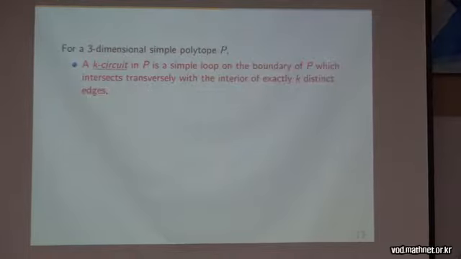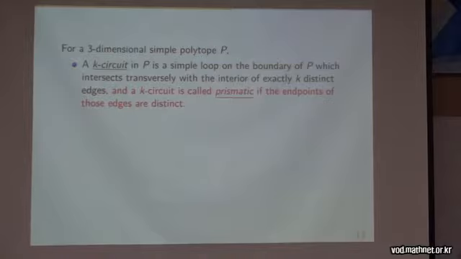Next, we want to give some applications in dimension 3. First, we define the belt and the circuit for a polytope P. A k-circuit in P is a simple loop on the boundary of P which intersects transversely the interiors of exactly k distinct edges.